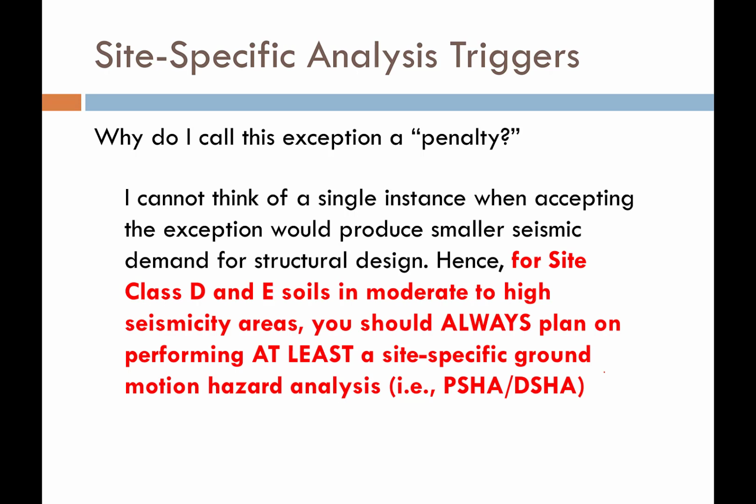It will lower the demand, it will reduce the cost to build your structure because your seismic demand will be reduced. Otherwise, you're going to pass on these costs to your client. They're going to have to pay for the increased cost to design a more rigorous structure for those inflated seismic demands. And I don't know too many clients who would be very happy with that.